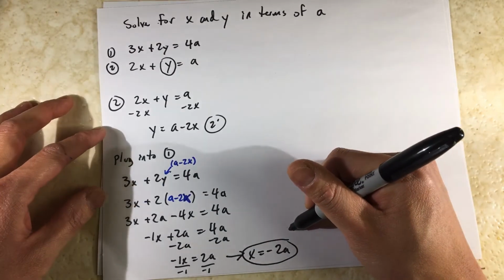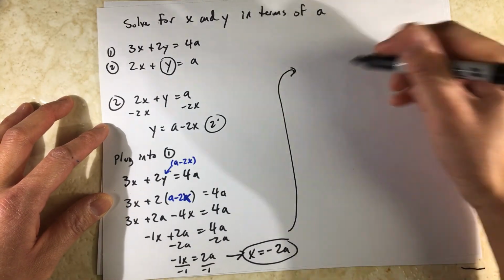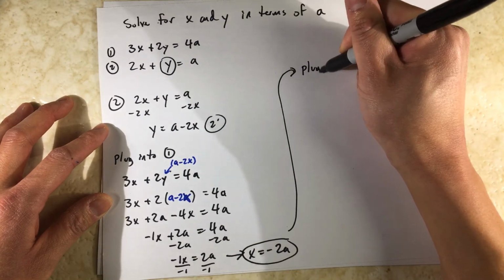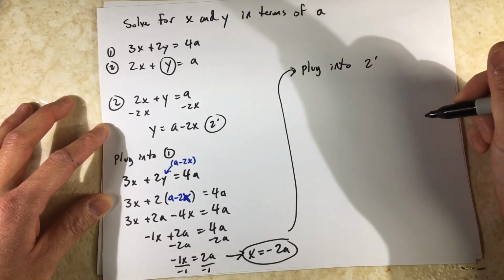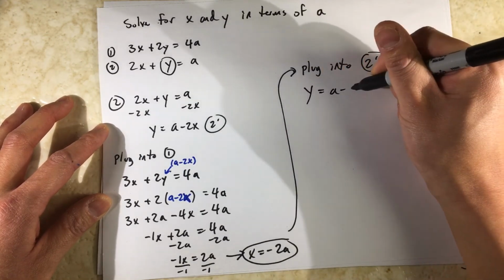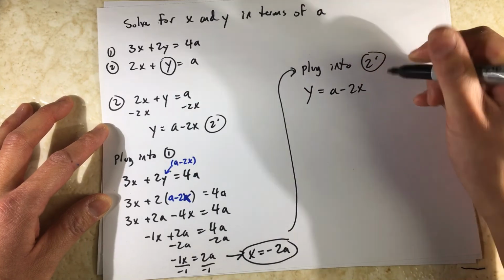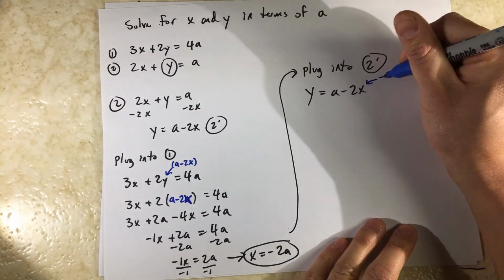Okay, so then I'm going to plug this into the other equation. I'm going to plug into equation 2 prime. So y is equal to a minus 2x. And here we know that x is equal to negative 2a.